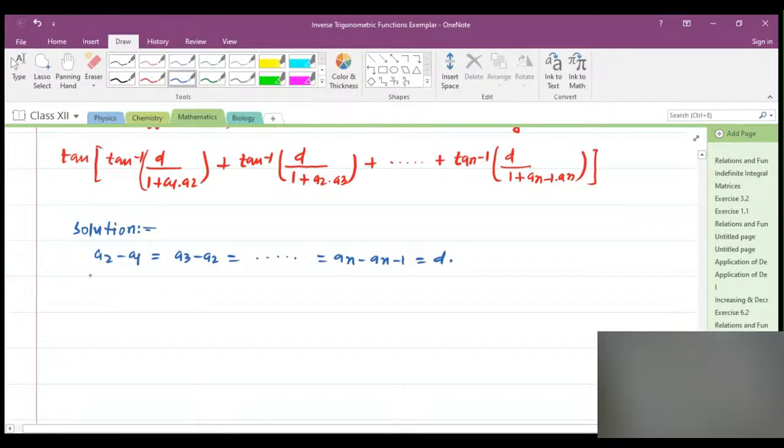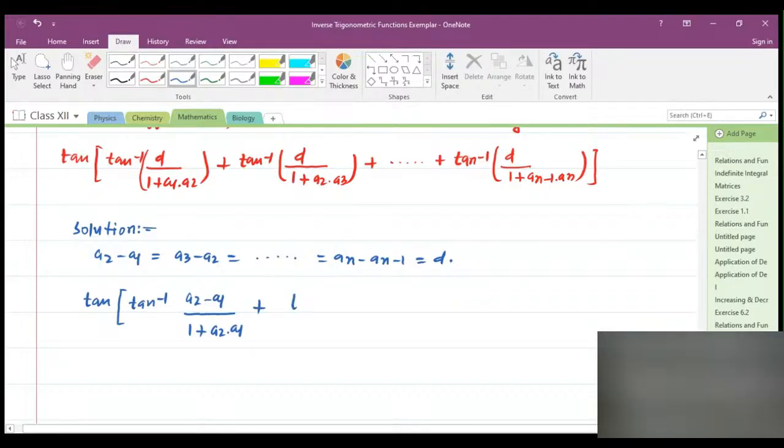And the form of the question will be tan inverse of A2 minus A1 by 1 plus A2 into A1.